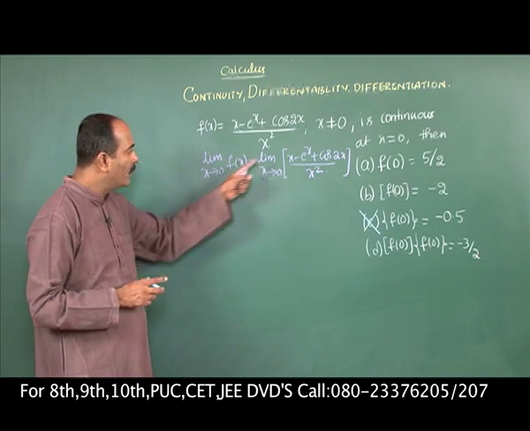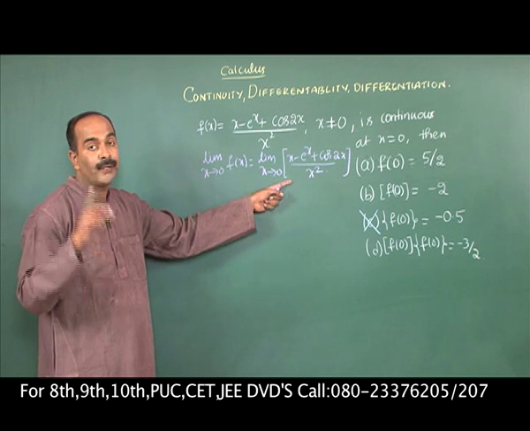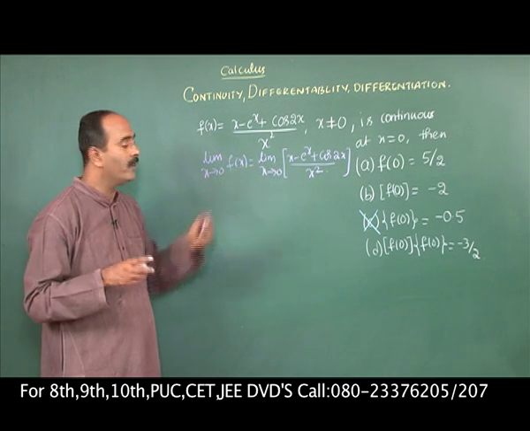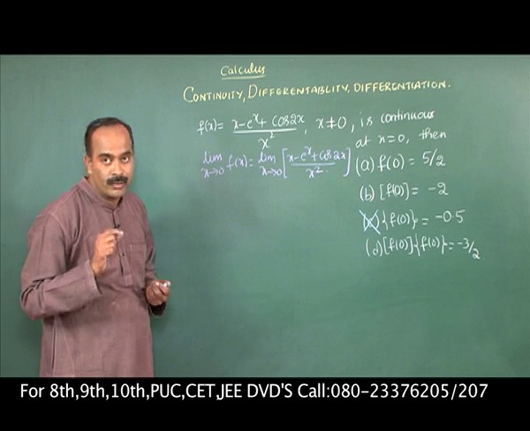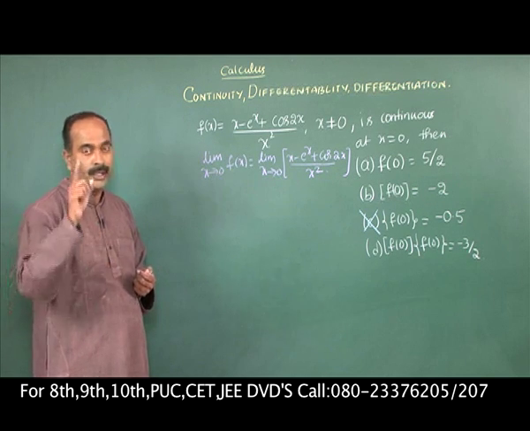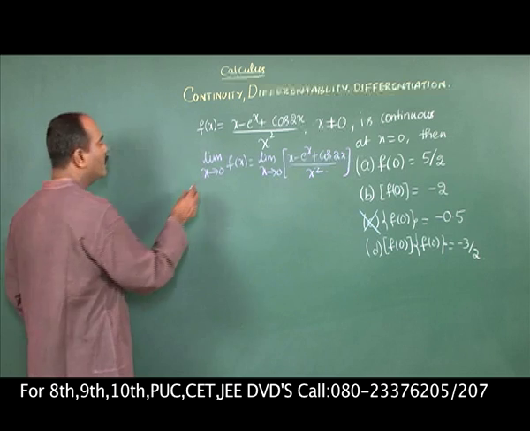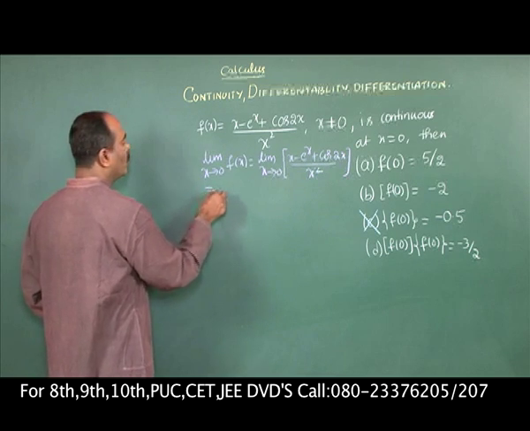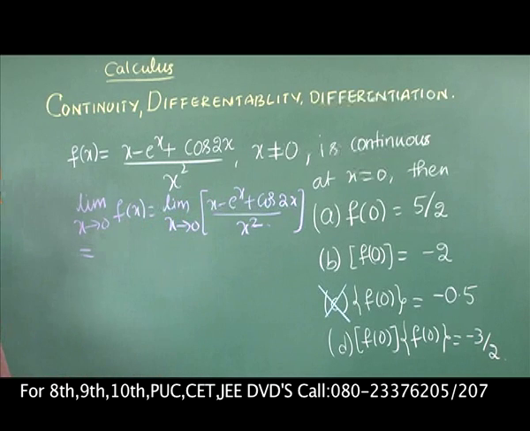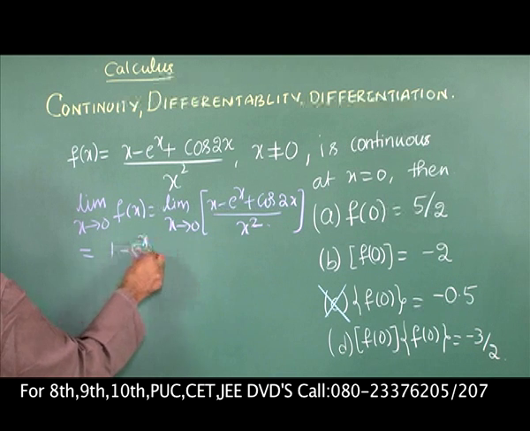Now, of course, you will get 0 by 0, so differentiate the first time. What happens if I differentiate? Differentiate means I am using L'Hospital's rule. Differentiation of the numerator is equal to 1 minus e power x.